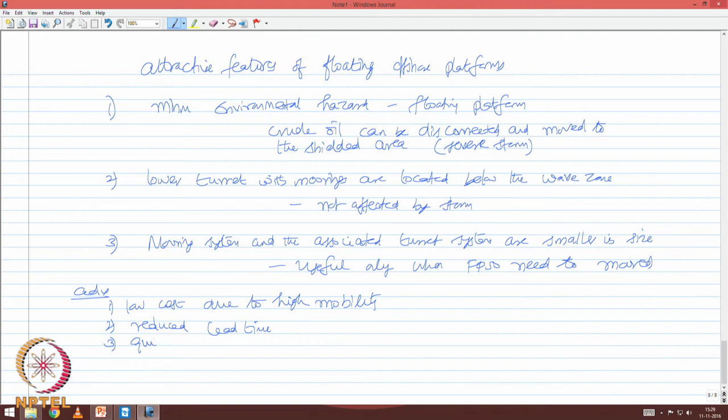They have a very quick disconnecting ability in case of storm weather. It requires very little infrastructure, because only the existing hull forms are modified.